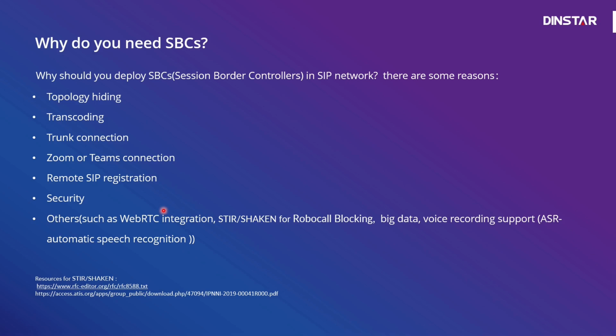Of course, STIR/SHAKEN is new technology, but not very new. In the US market, you have to use this technology to track robocalls or blacklist or label identification and indicate to all the call paths. And not only the SBC has to support it, your IPBX also needs to do that. Okay.